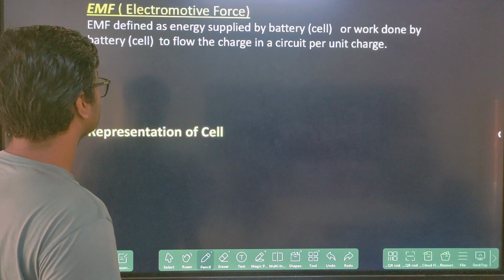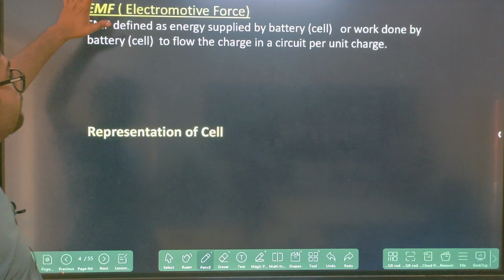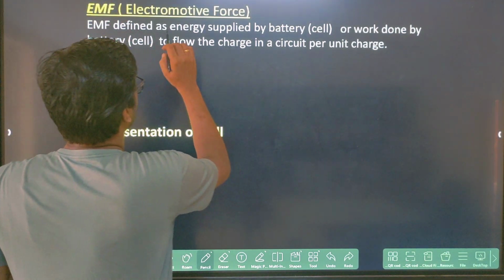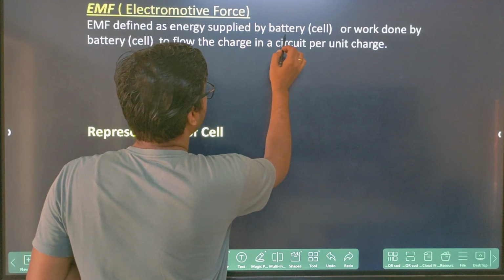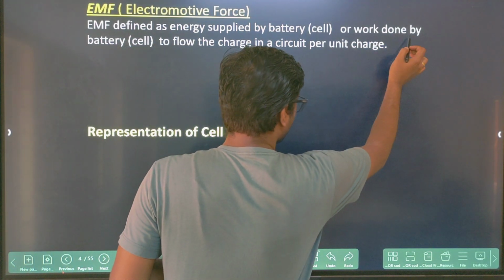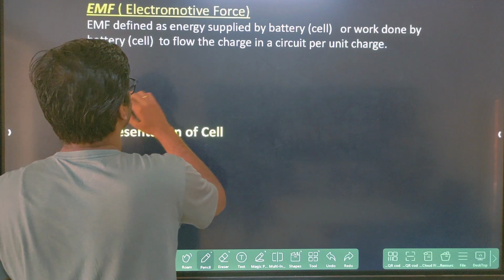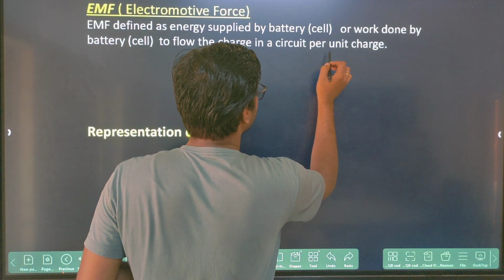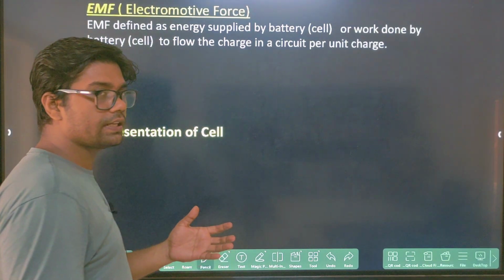Let's go to this. Now we'll see that EMF in detail, what it is saying. EMF is defined as energy supplied by the battery or cell, or work done by the battery to flow the charge in a circuit per unit charge. Same thing it is saying.